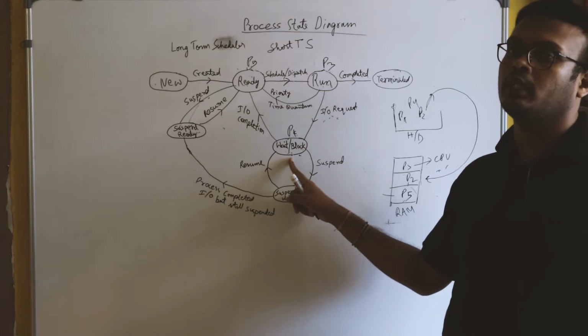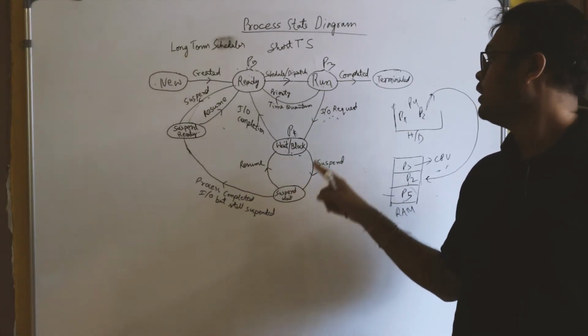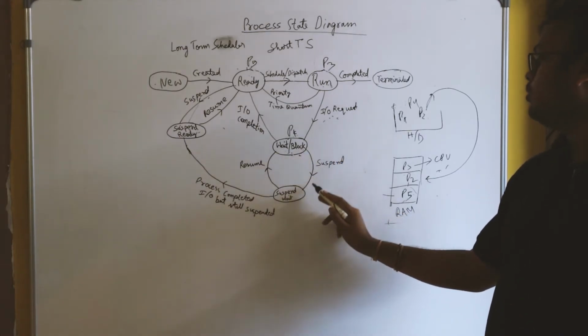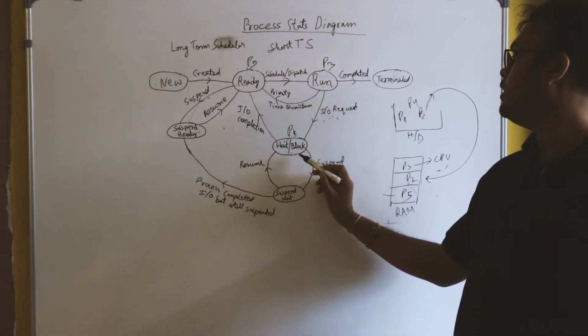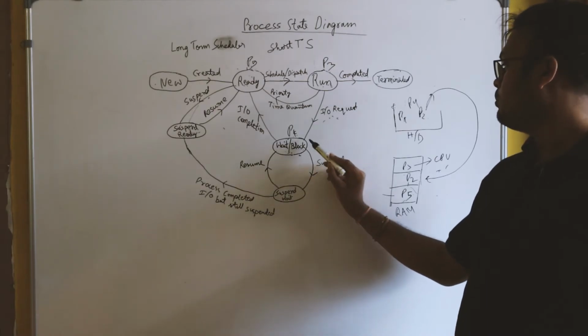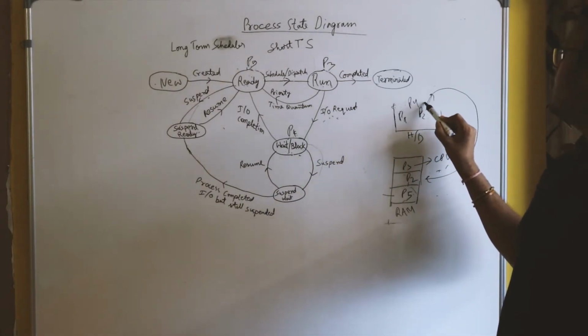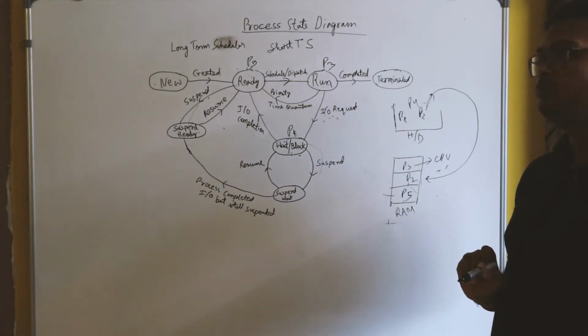It was unnecessarily occupying the space of the RAM, because it was busy with IO activity. So it's better to move P4 from wait block state to suspend wait. Suspend wait means P4 has been moved from main memory to hard disk. It means P4 has been suspended. So P4 is now busy with IO activities, but it is in hard disk now.